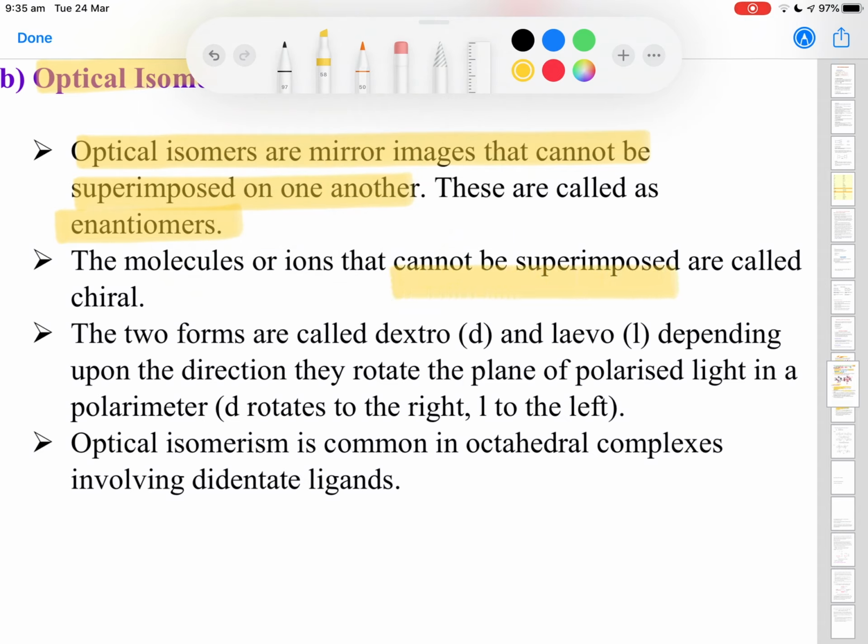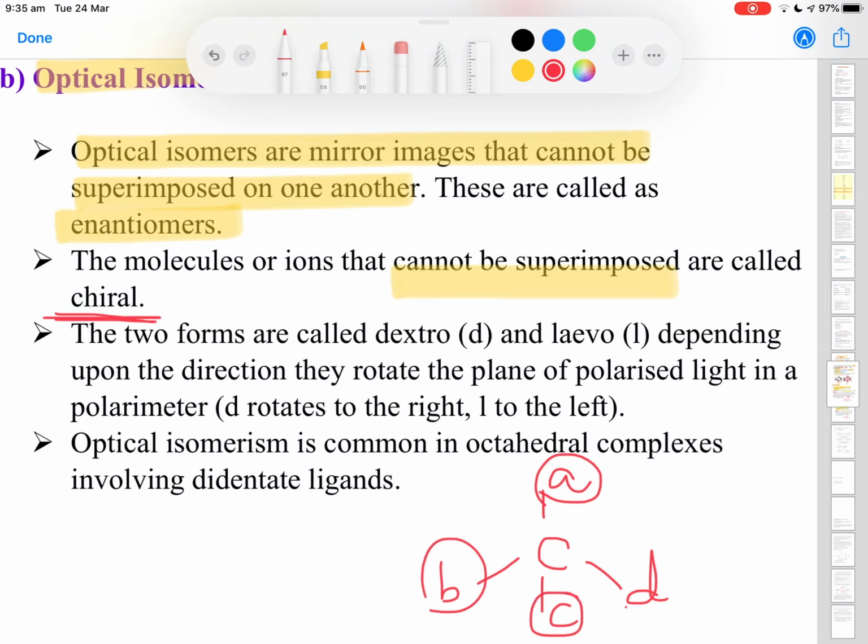Okay, and there is one term called chiral. What is chiral? In organic chemistry, you have learned a chiral carbon atom is one which is bonded with 4 different groups. So A, B, C and D are 4 different groups. Such type of atom is said to be chiral.